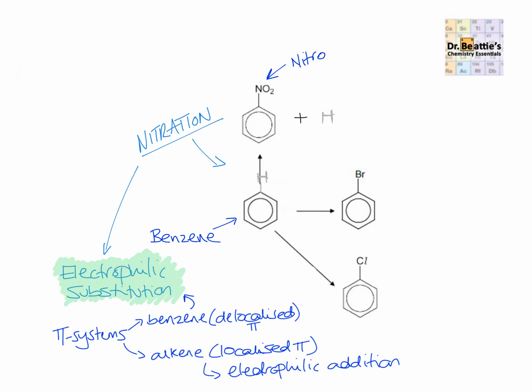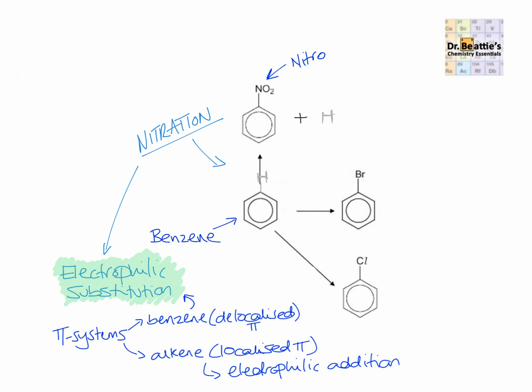Later in the video, we're going to look at the actual mechanism for this electrophilic substitution. But just for now, we're going to look at the reagents and conditions that we need and the byproducts of each of these transformations.